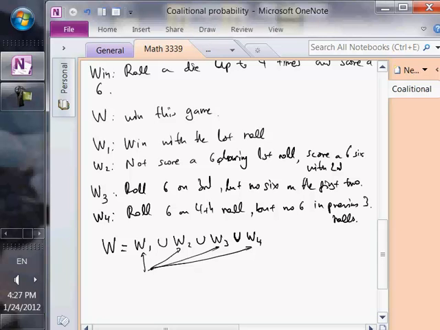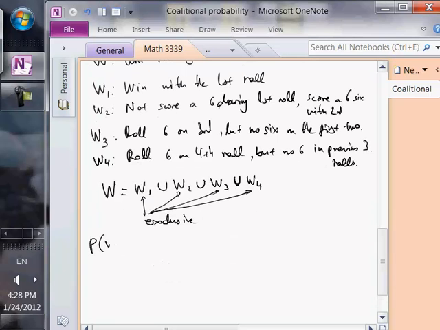The first one requires the 6 to be rolled during the first attempt, while the third one, for example, requires the 6 to be scored in the third attempt and not in the first. So all of these are exclusive. And therefore the probability of W is the sum of the probabilities of W1, W2, W3, W4. Is this clear so far?